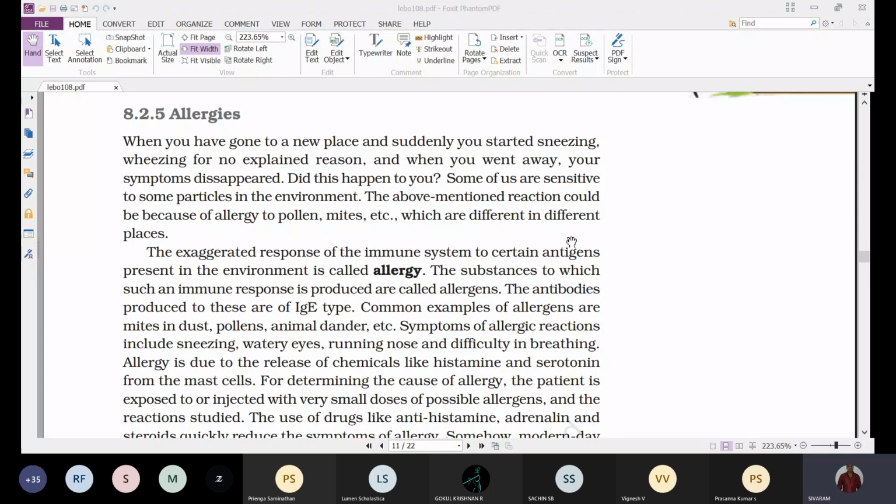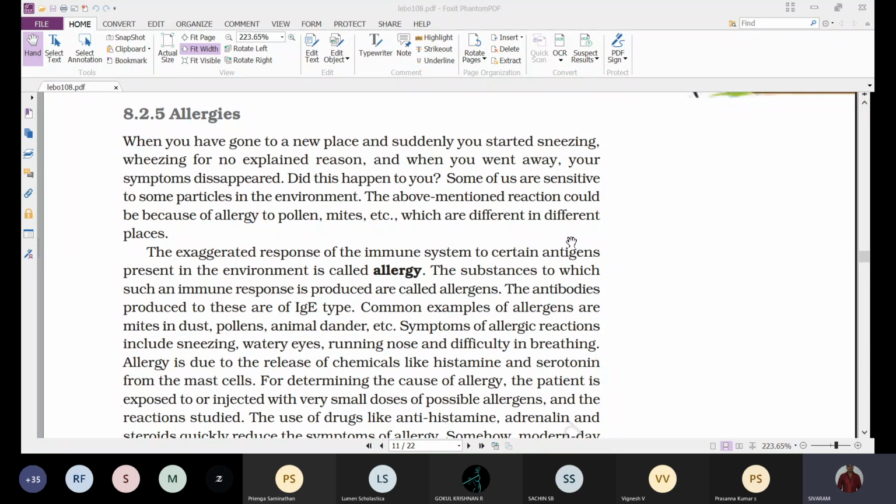Generally, when you have gone to a new place and suddenly you started sneezing, wheezing for no explained reason, and when you went away, your symptoms disappeared. Or even sometimes when you take some types of food which is not good for your health, immediately you start sneezing, wheezing.